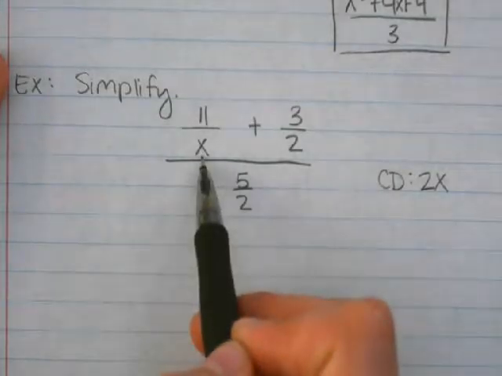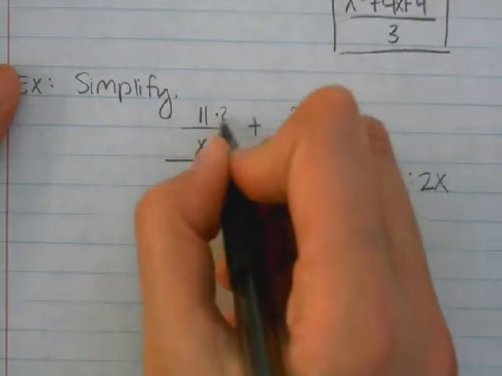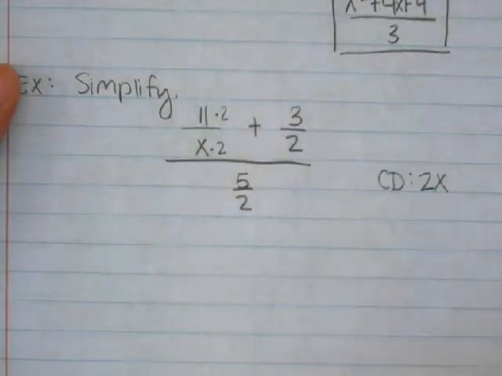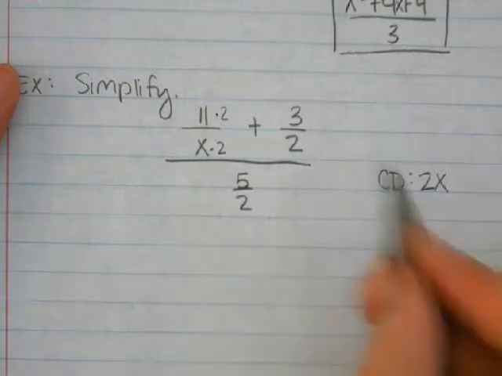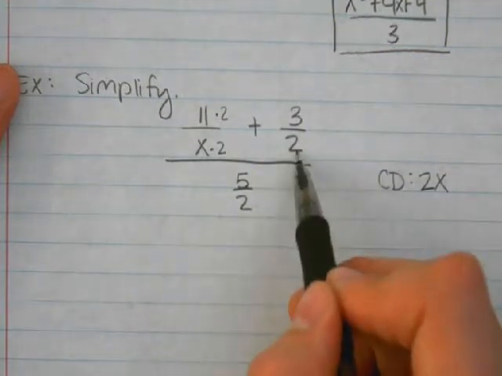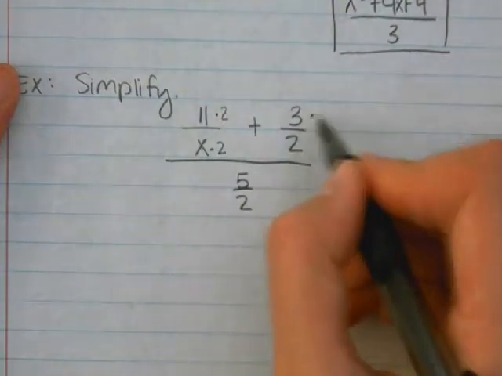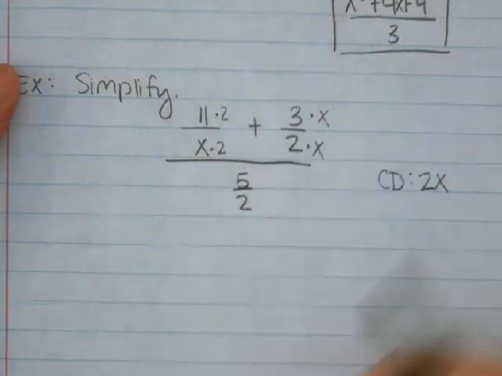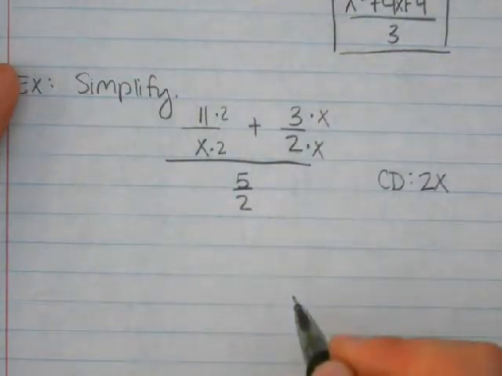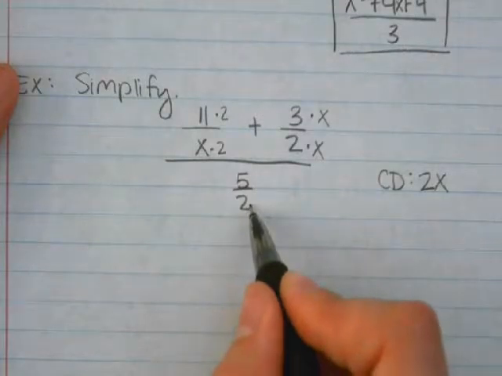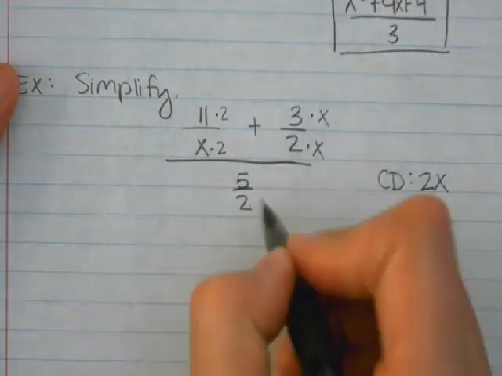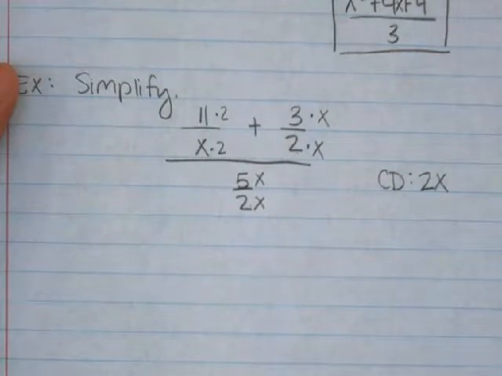What does it need? 2. So 2 on the top, 2 on the bottom. This one has a 2. What does it need? It needs an x. X on the top, x on the bottom. This one has a 2. What does it need? It needs an x. X on the top, x on the bottom.